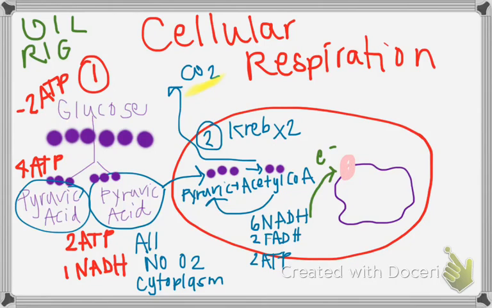So here's my protein. I'm going to draw this out. Here's another protein. Here's another protein. And then here is ATP synthase. I'll outline that one in black, so it's kind of important.